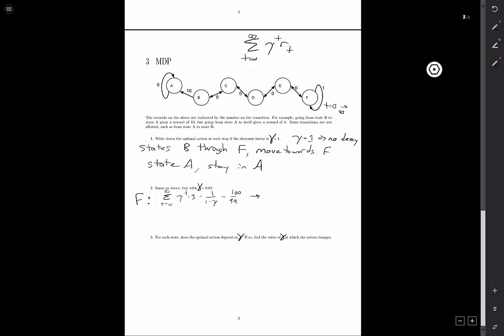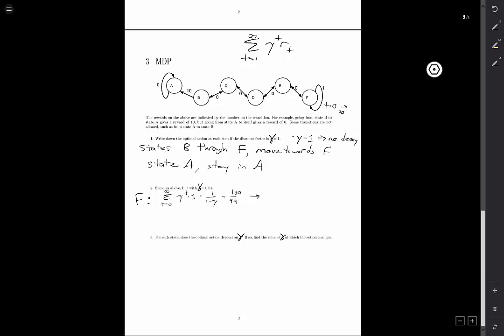So if you go left, we can count how discounted this 10 will be when we finally get there. So it'll be gamma to the 0, and then 1, and then 2, and then 3, and then 4.